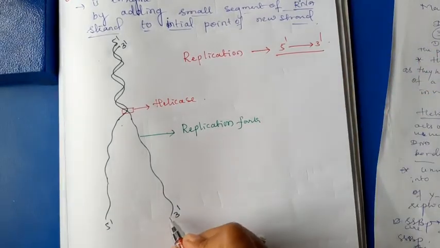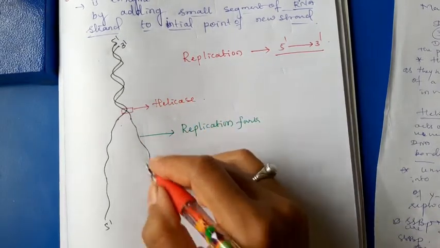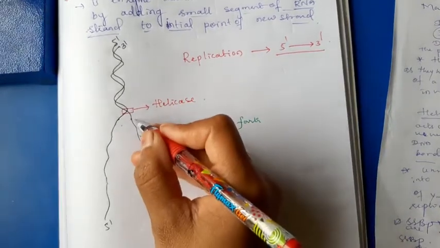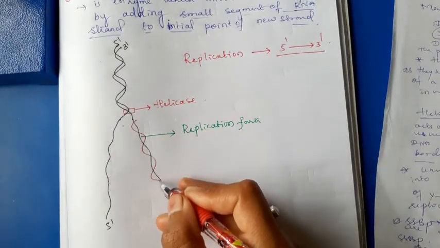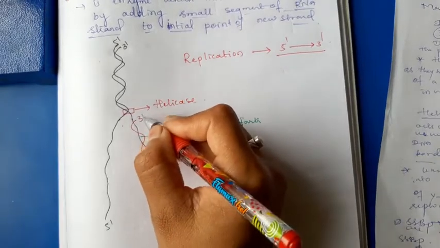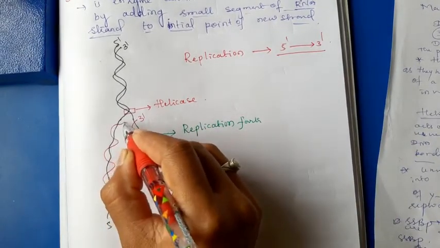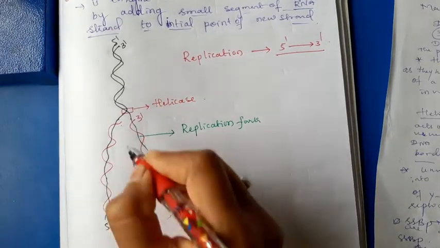Here 3'. Opposite to this, the new strand is 5' to 3'. Here also the same thing, 3' to 5'.